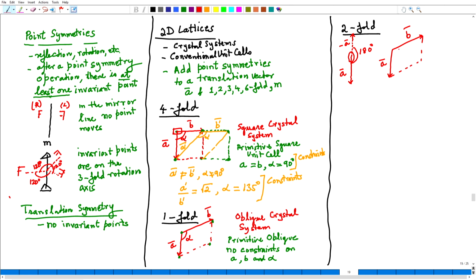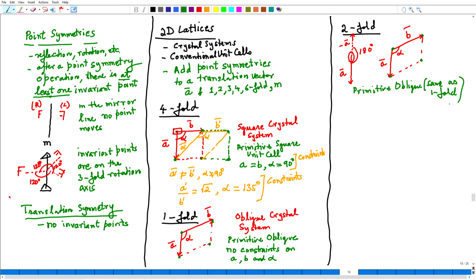So, I again get this unit cell and there is an angle alpha between the vectors A and B, and then again A not necessarily equal to B, alpha can be any angle, which means that all I have done by adding a two-fold rotational symmetry is create, if I put the lattice points as well, again a primitive oblique lattice, same as one-fold.